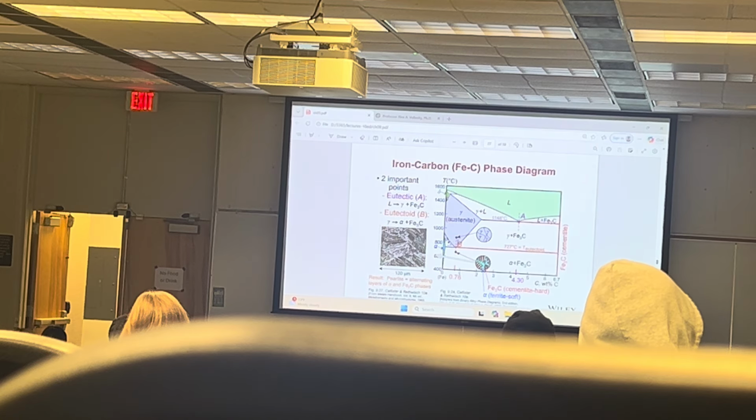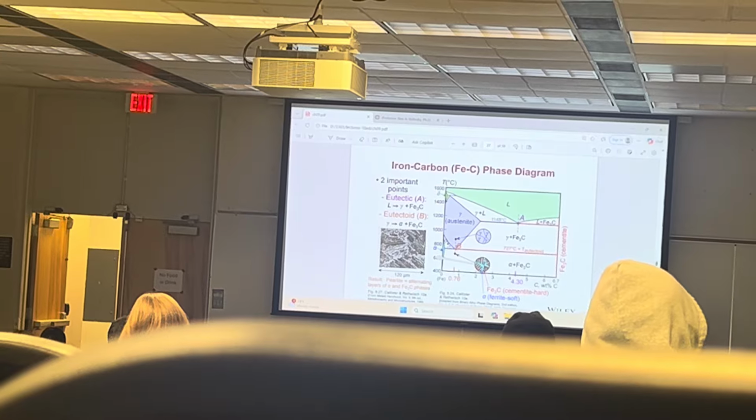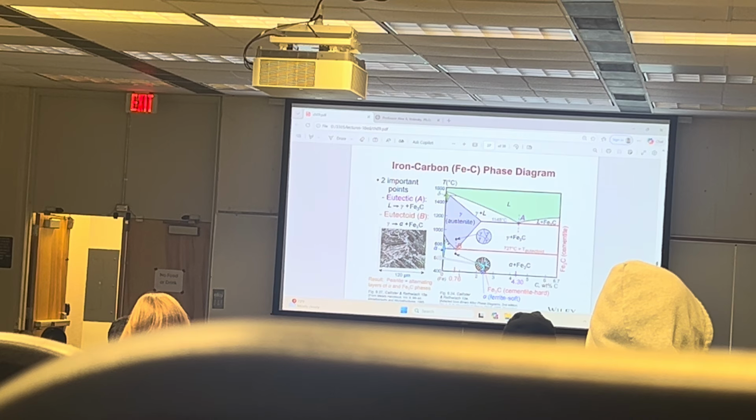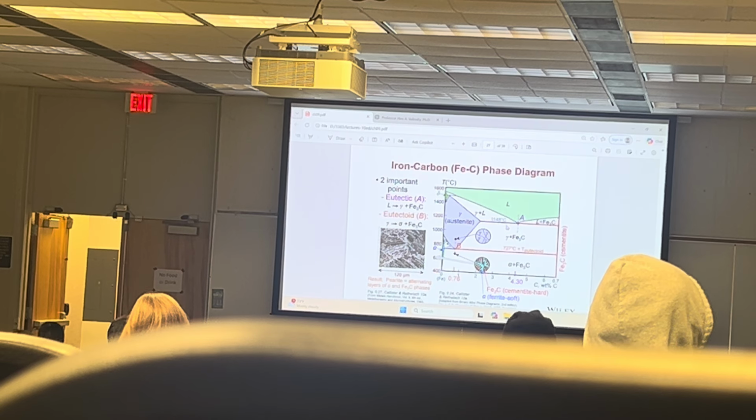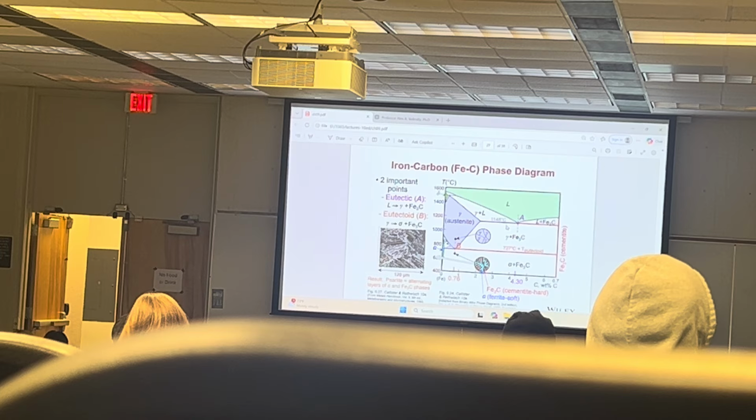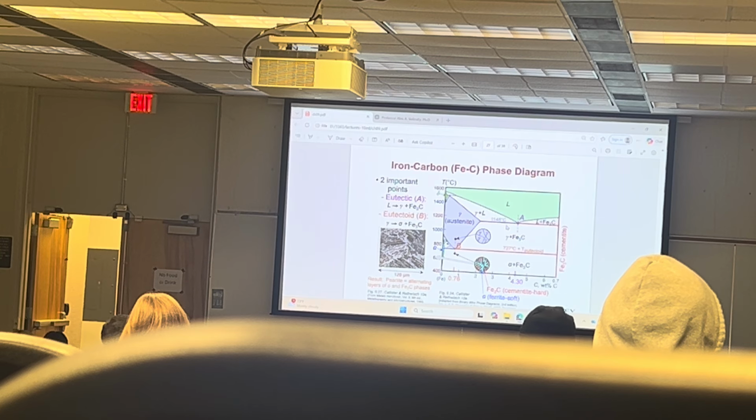And for the further cooling at 727 degrees C, we have austenite decomposing into the alpha and the Fe3C phase. Just remember these two temperatures: 1150 and 730. These are the most important temperatures that we're going to be using for heat treatment of steel.